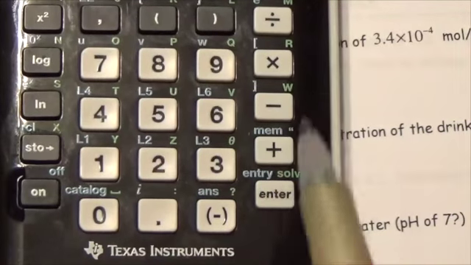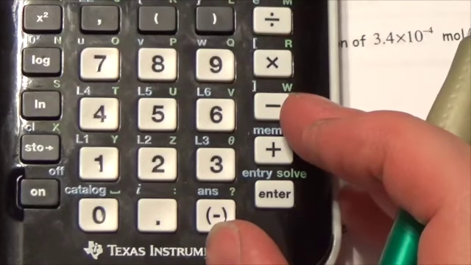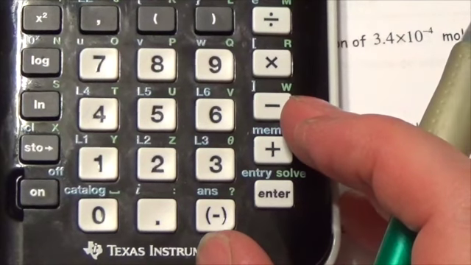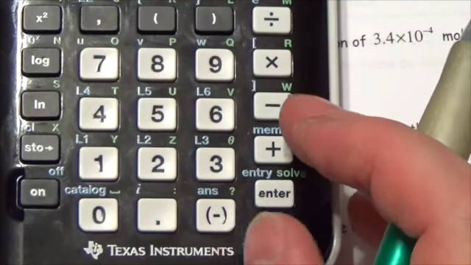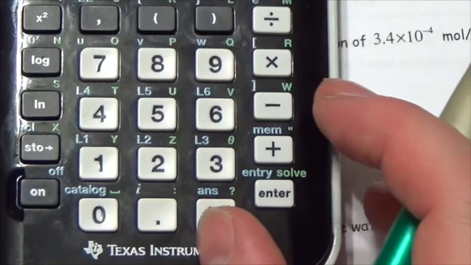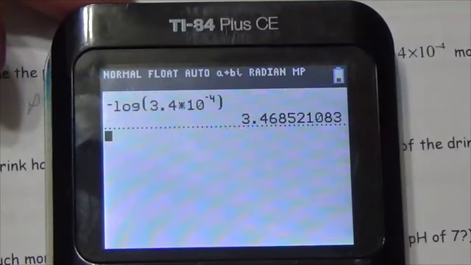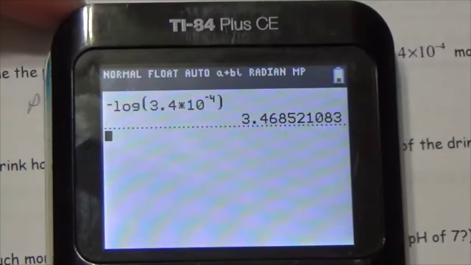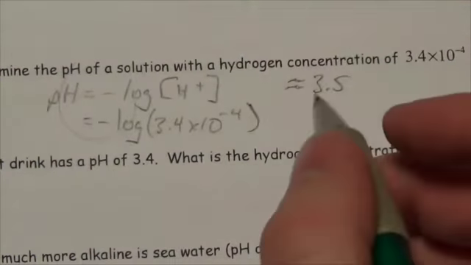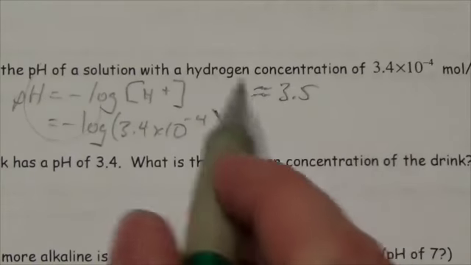If you get an error like that popping up and you're pretty sure you've done everything correctly, in a lot of cases what's happening is you're using the wrong button for the negative sign. If I press enter now, there we go, 3.5 once again. So just to show you there's a couple of ways that you could enter that in on your calculator.